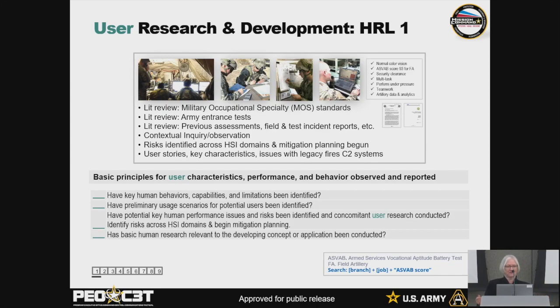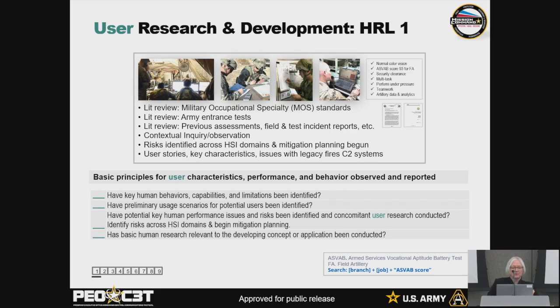That's how I always start everything, right? And I looked at the military occupational specialty, the MOS standards. I looked at the Army entrance tests and what their scores are and what kind of capabilities my users have. And I talked about that earlier in UCD when I showed you my 13 Fox, 13 Juliet, 13 Alpha. Okay.